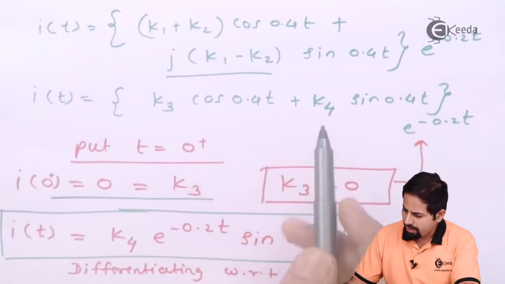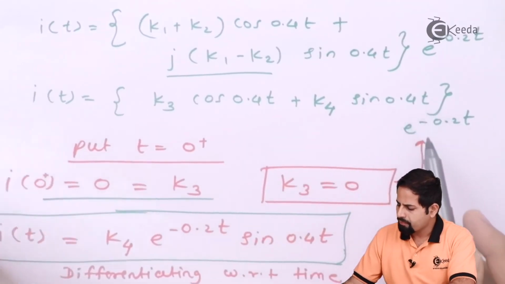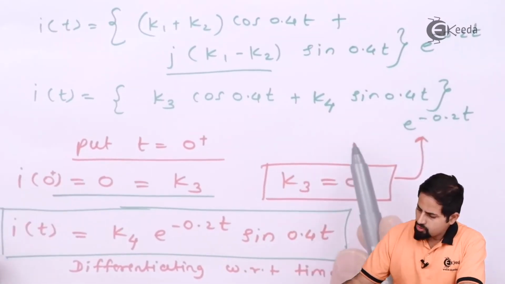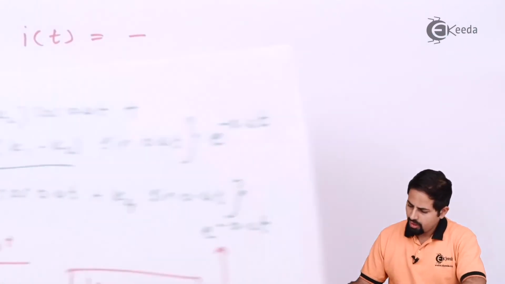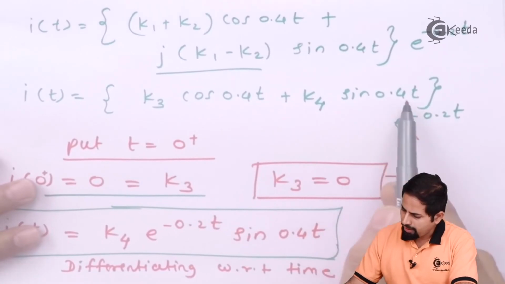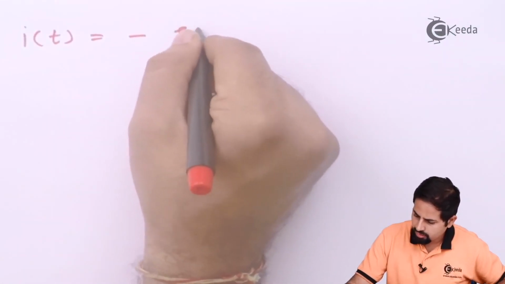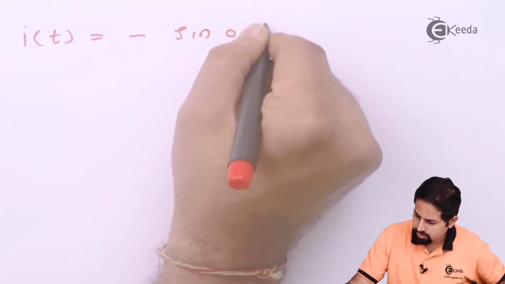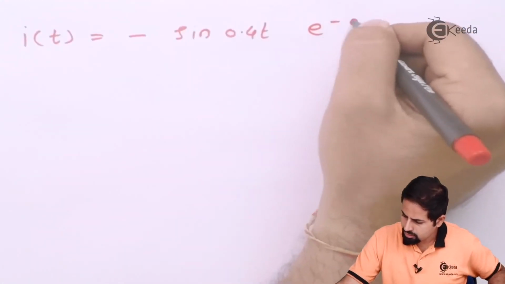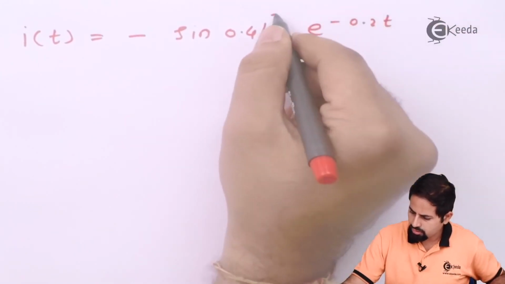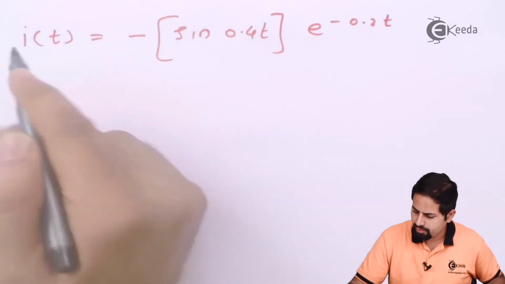So it is going to be minus sine of 0.4t into e raised to minus 0.2t. So k4 is what we already wrote as minus 1, and the sine 0.4t into e raised to minus 0.2t. This is our i of t which is required.